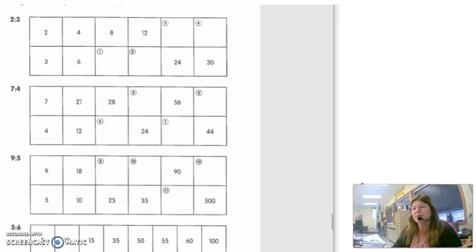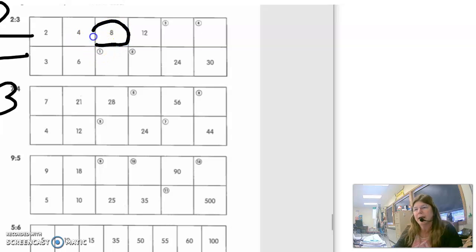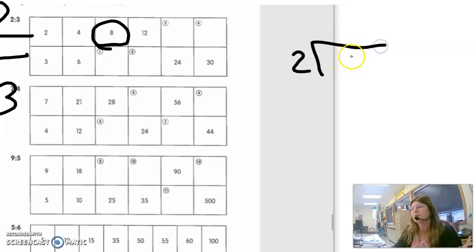So let's look at 2, 3. Your first number in your box is, we have 2, and then we have 3. Now, look at the box right here. This is our first box, and it's an 8. What we're going to do is take the top number 2, and we're going to divide that into 8.